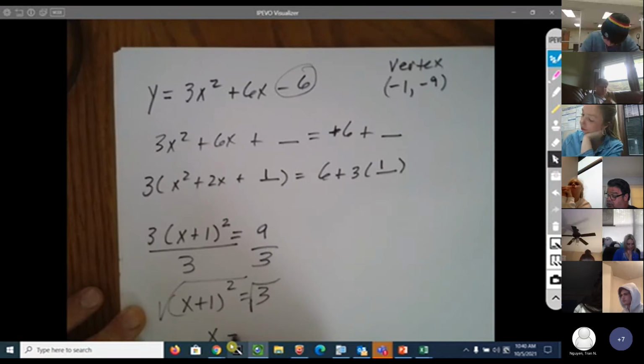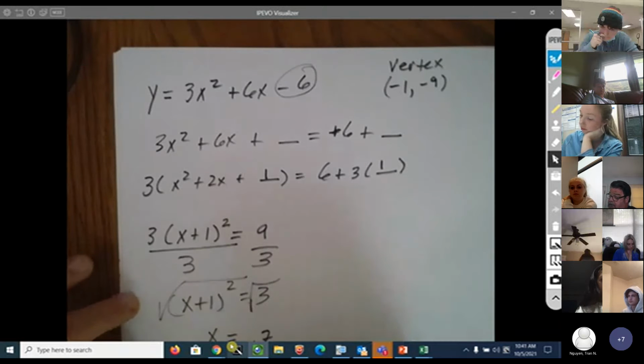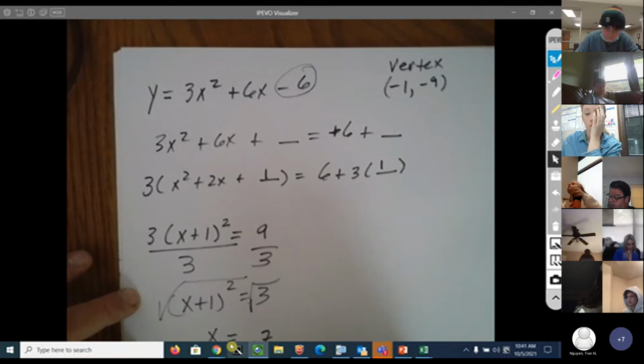X is equal to, let's see, 1.7 minus 1 is 0.7. Negative 1.7 plus 1 is negative 2.7.